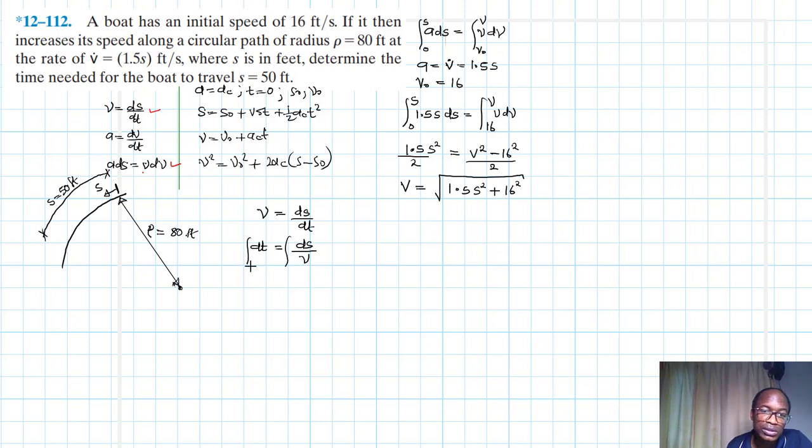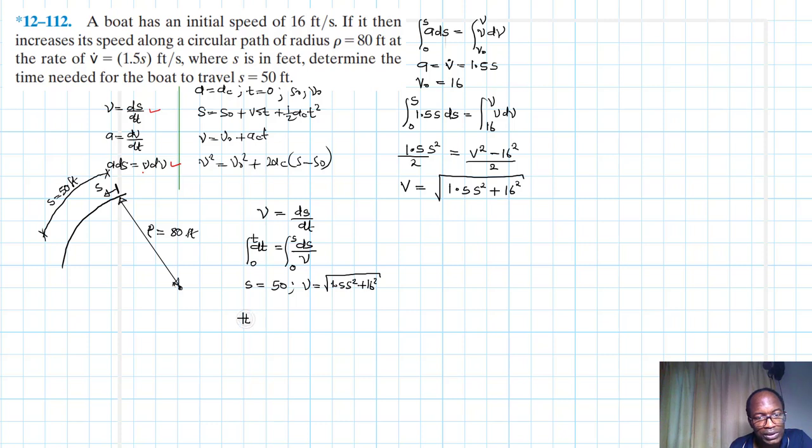Integrating just means finding the area. Here we are starting from 0 to t for time, and for ds we are also starting from 0 to s. We already know s is equal to 50 feet. Everything is in feet. Our v, we already know, is the square root of 1.5 s squared plus 16 squared.